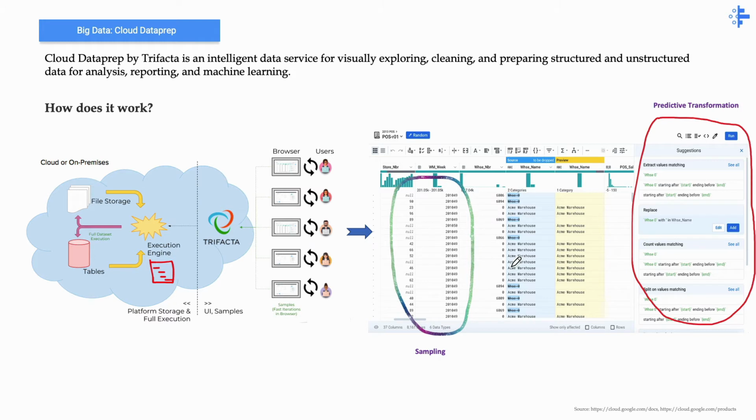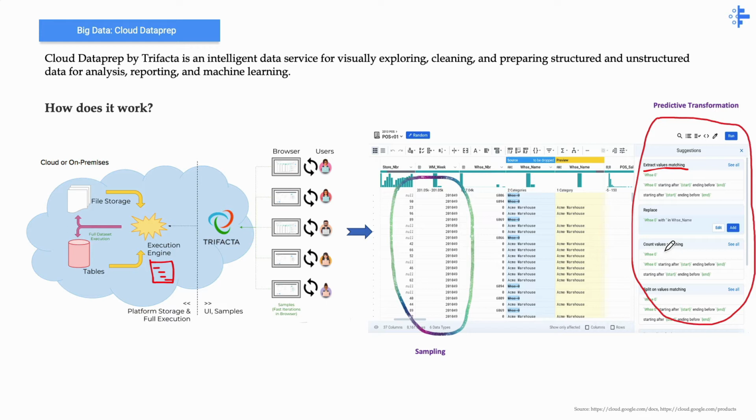What could be the predictive transformation on that one? For example, extract values matching this, or it starts with this, replace null with this. A lot of times you get data, you need to apply replace null value with 0, or replace null value with this.